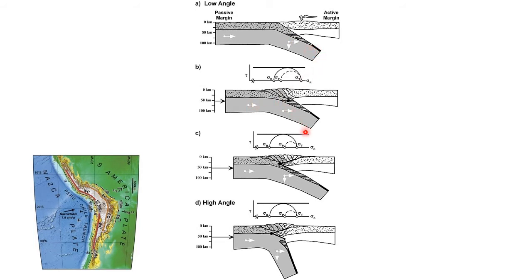As we go down in this diagram, B and C, we can see that the aging of the lithosphere is taking place, the thickness of the oceanic lithosphere is increasing, so the subduction angle becomes steeper and steeper, and here the angle is roughly equal to 90 degrees, for example in the case of the Mariana Trench.